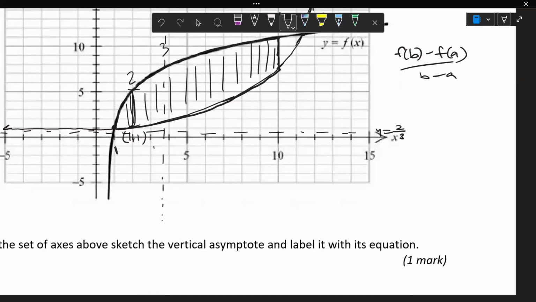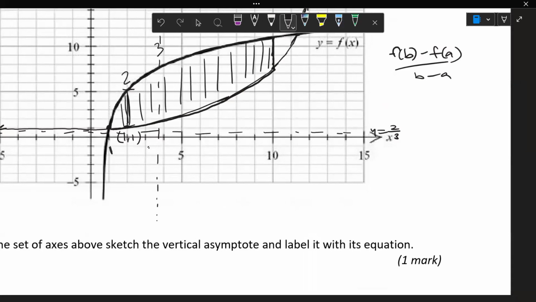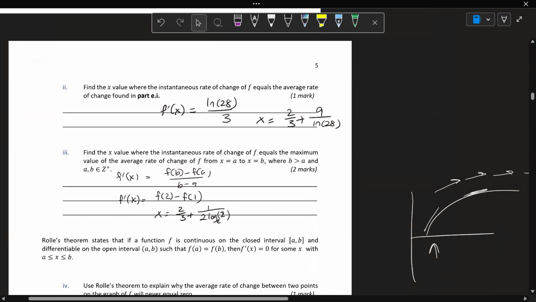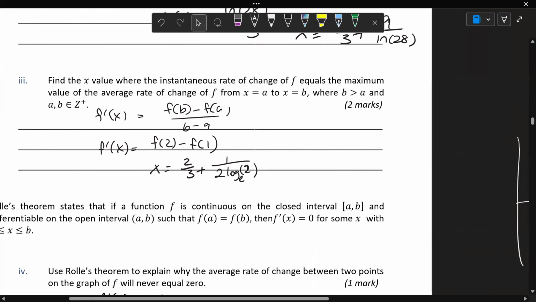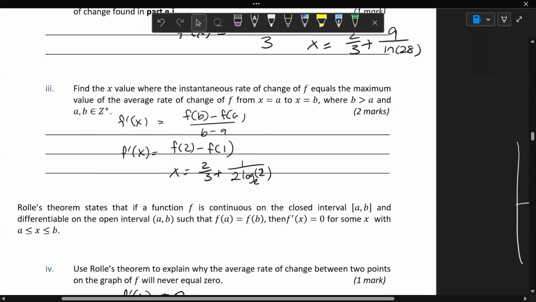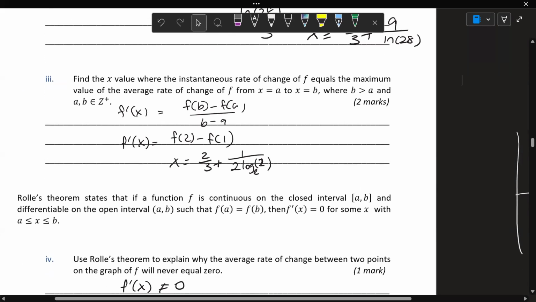But you can see that from 1 to 2, the function has increased the most, and 2 to 3, it's increased less. So it's increased the most between 1 and 2. Therefore, in this case, a is 1 and b equals 2. And we use that average rate of change from 1 to 2. And that's how we get the second part. And then now we just equate this to the instantaneous rate of change, and we solve for x.